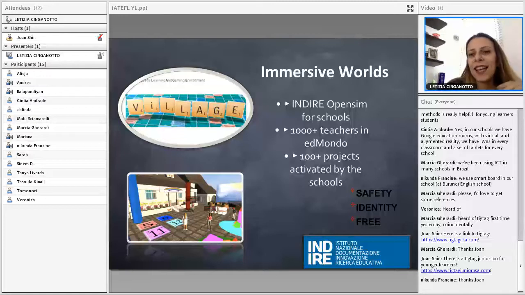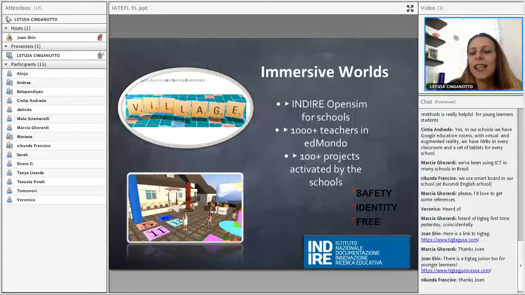Consider Second Life with all the problems that have been mentioned about identity and so on, because you don't know who is behind the avatar. But here in our Edmondo, you know who is there, because everything is safe, it's meshed with our school database. So only teachers, students and researchers.